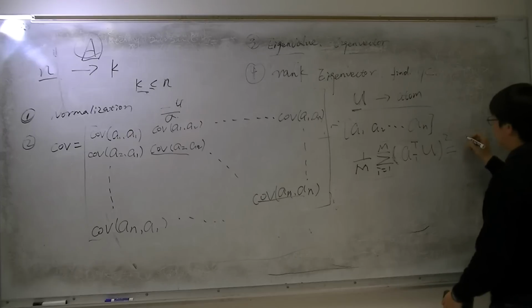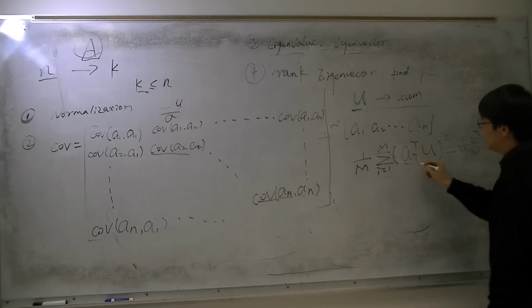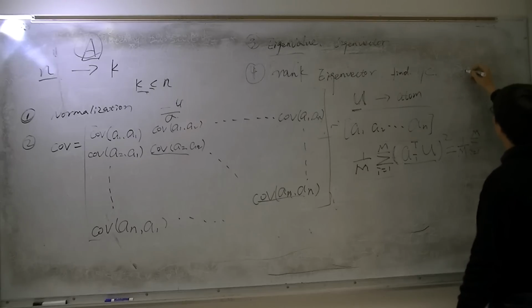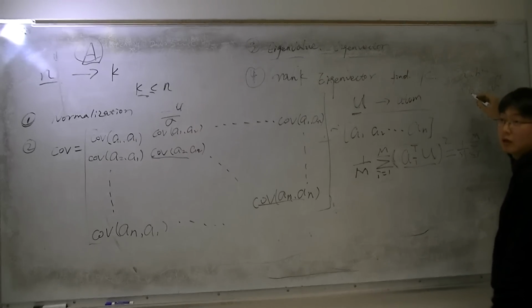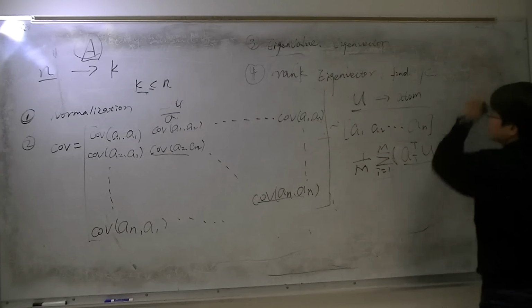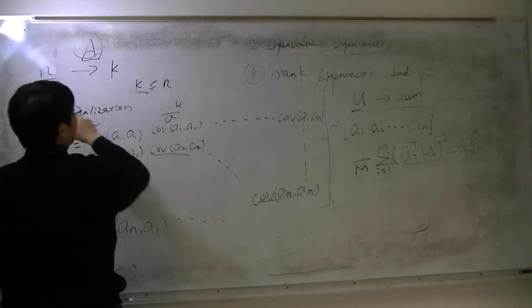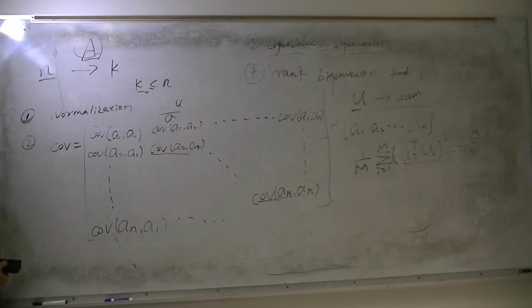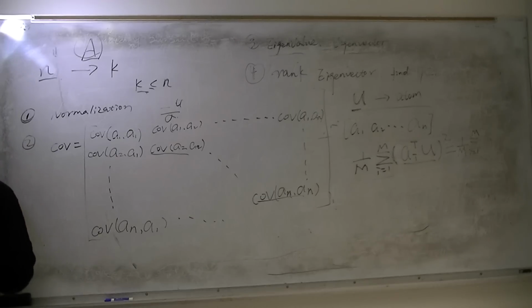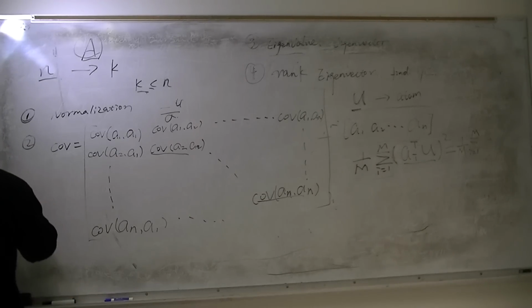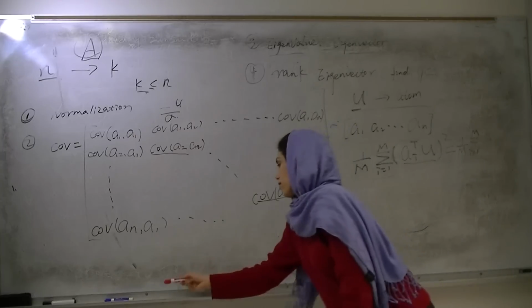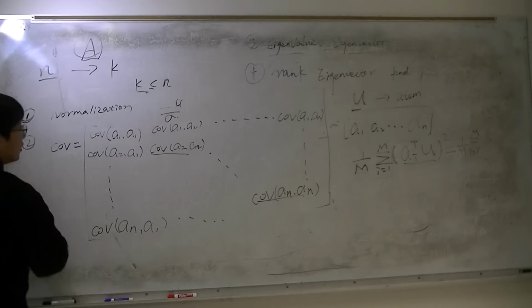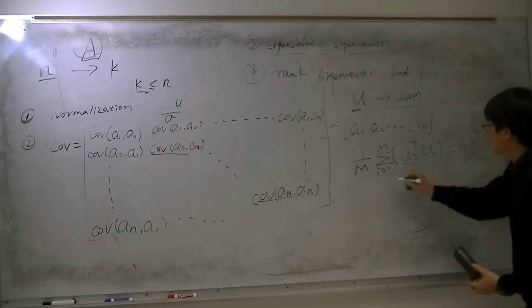So this equals to, and since it's just an inner product, it also equals the transpose. This is the variance of the data.